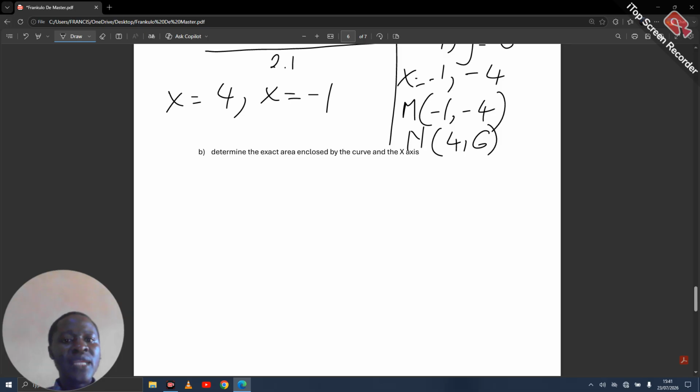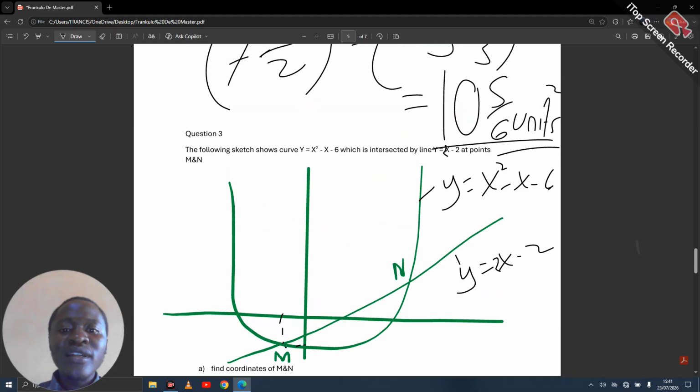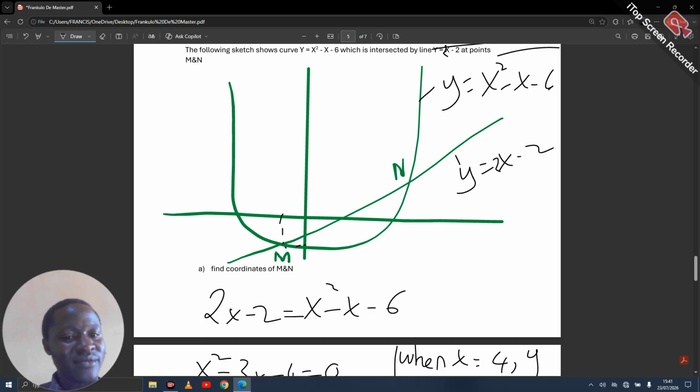Part B. Determine the exact area enclosed by the curve and the x-axis. Remember, it is the curve and the x-axis.